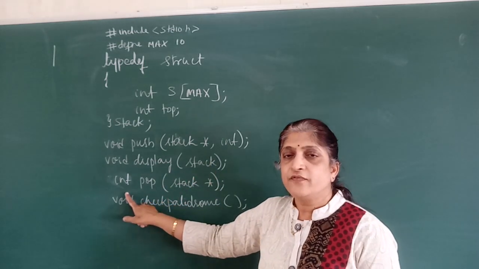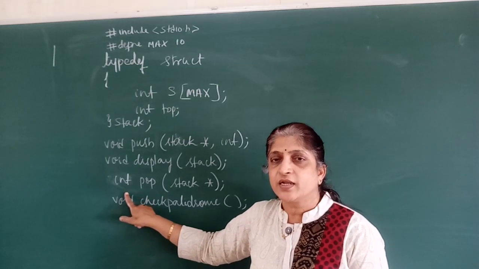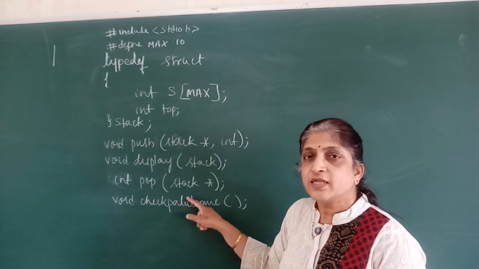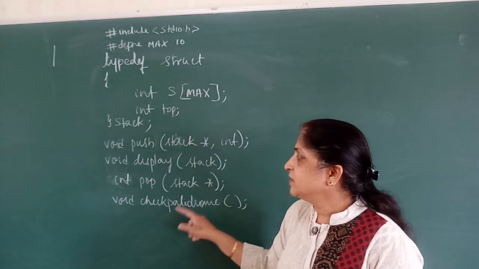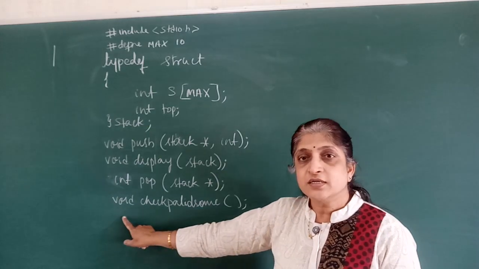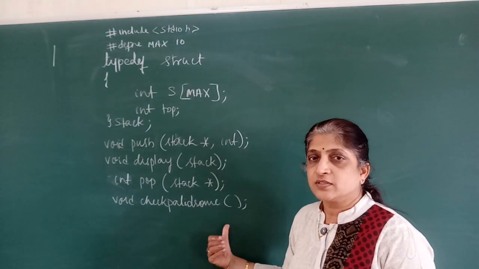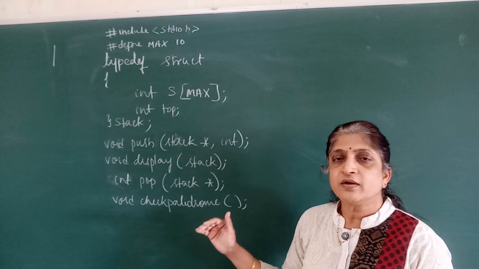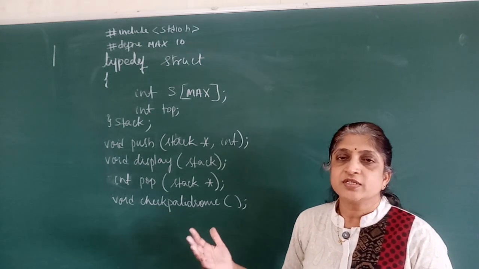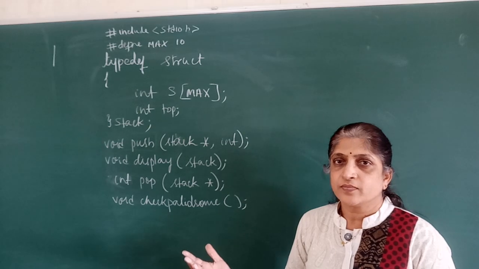Pop is a function which returns an integer type of data. It takes as argument a pointer to stack type of data. Then check palindrome is another function, returns nothing, takes no arguments. These are the functions required for testing whether a given number is palindrome or not.